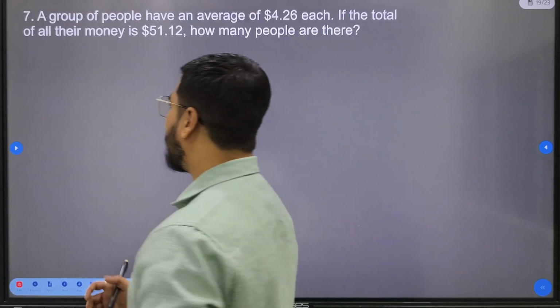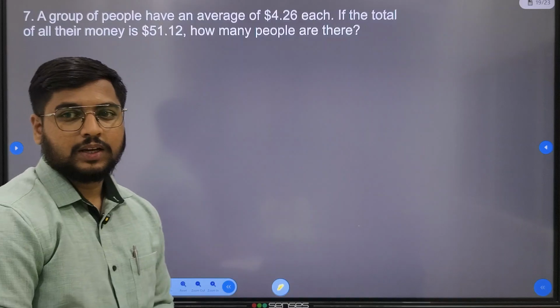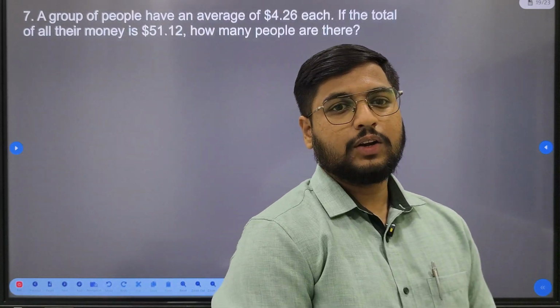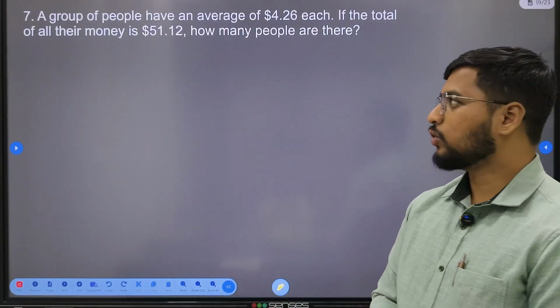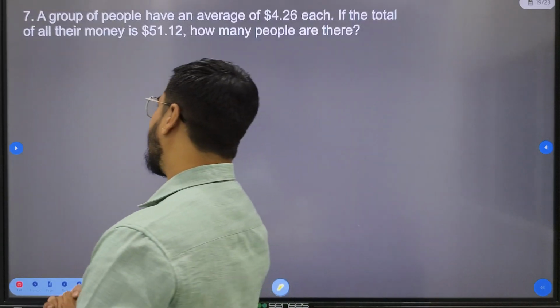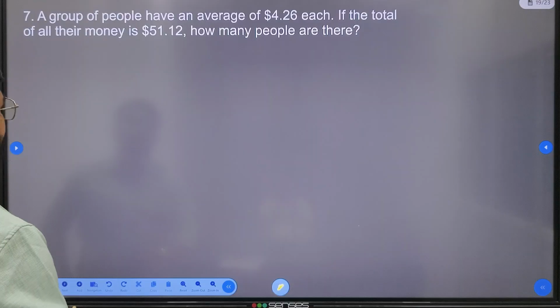So the total amount of money they have is $51.12 and each of them has $4.26. So this is an easy division question. We can just divide and get the answer of how many people are there. So let's do it.